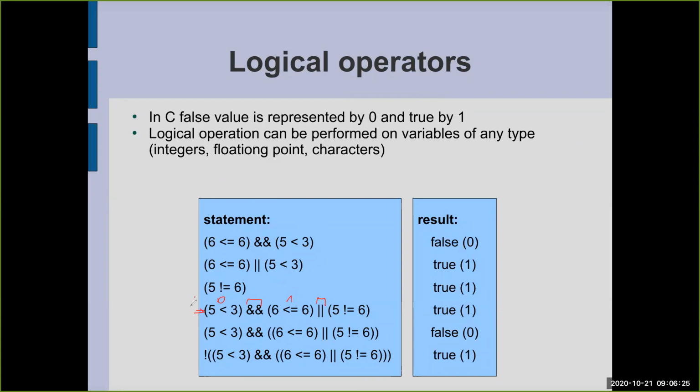So the first operation is this one. So it gives 0. And I have 0 or 1. So it gives 1. Yeah. So 5 is different than 6. Yeah, definitely. So finally, I have 0 or 1. So it gives 1. Yeah. So this is the answer.